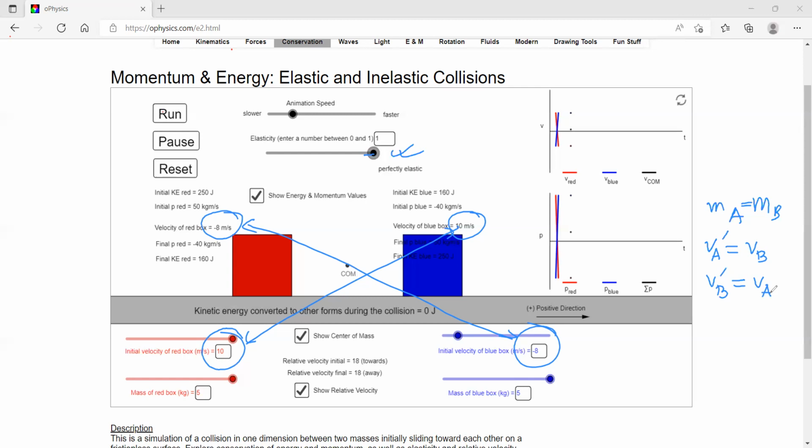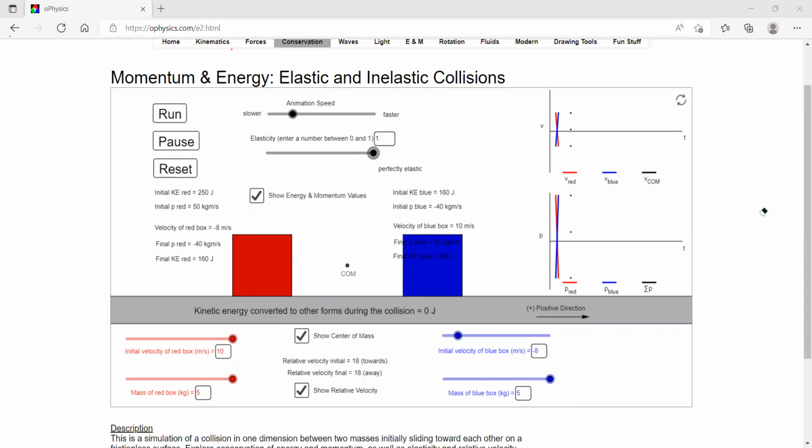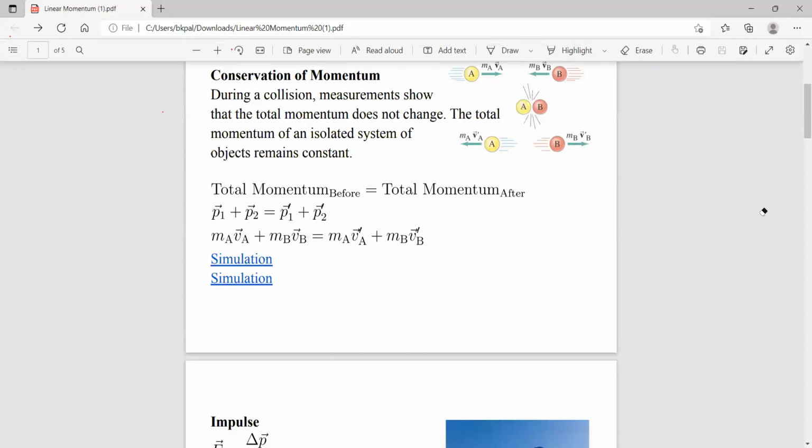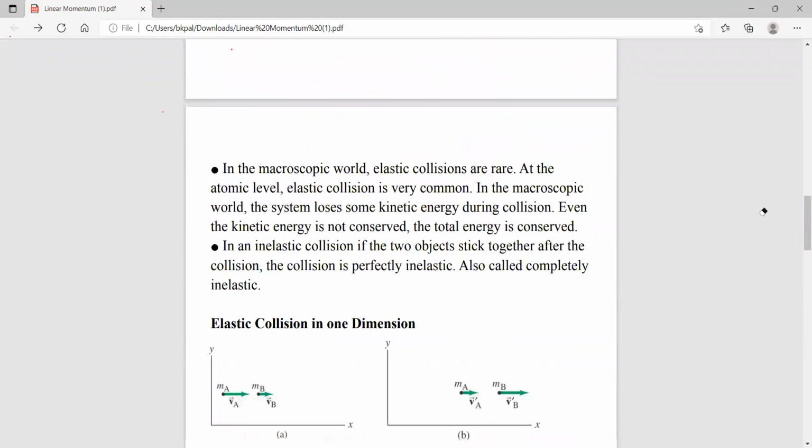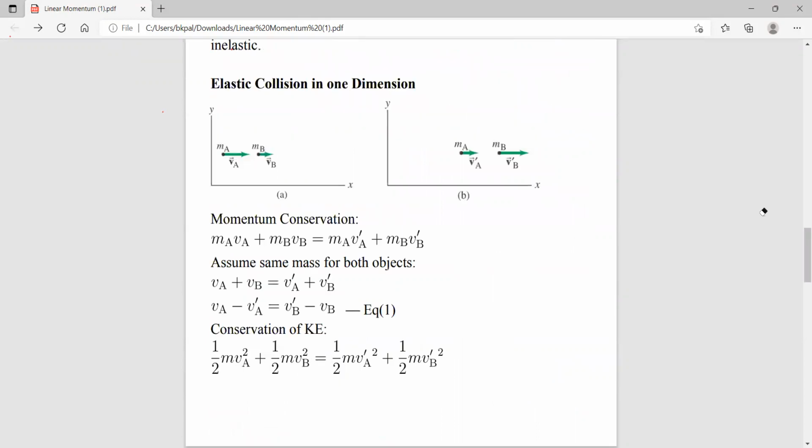That is what this simulation tells you. Now you can prove this by using some algebra, but I'm not going to derive all of this.